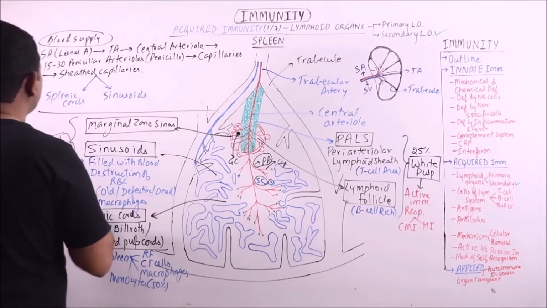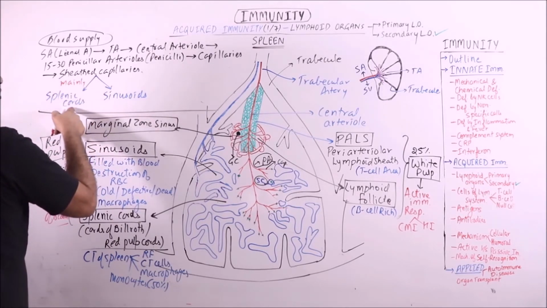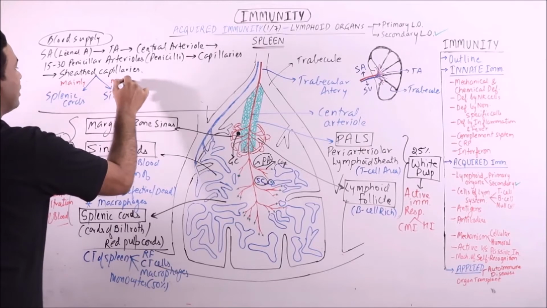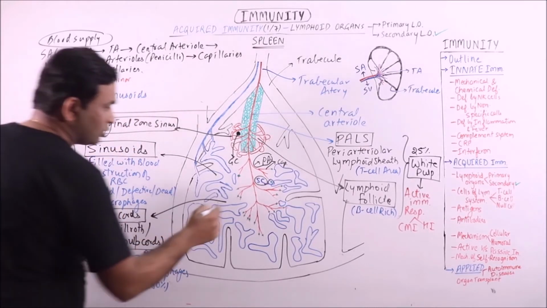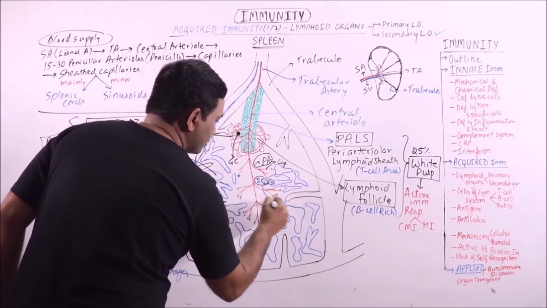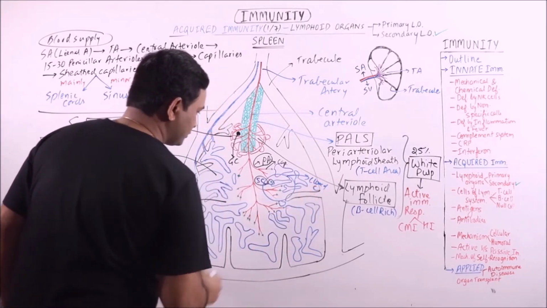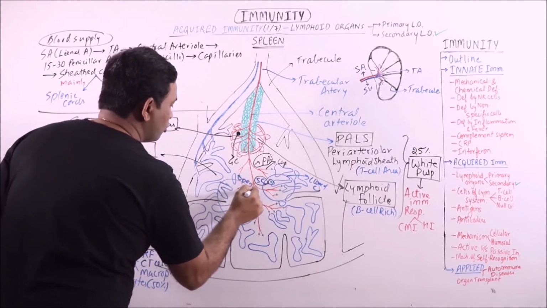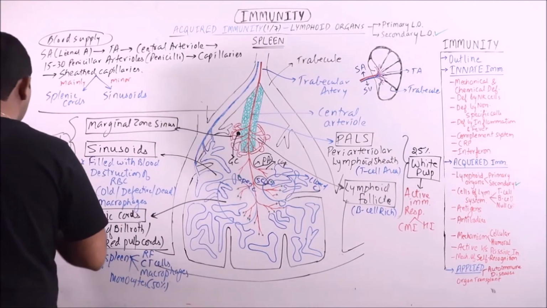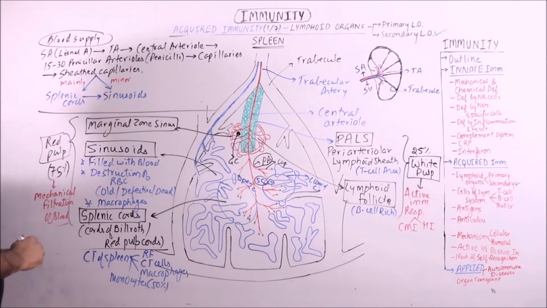It's important to note that major blood enters the splenic cord and minor blood enters the sinusoid. So this is forming closed circulation, while this is forming open circulation. Finally, blood has to enter the sinusoids even from the splenic cords.